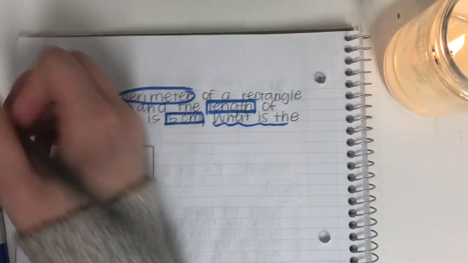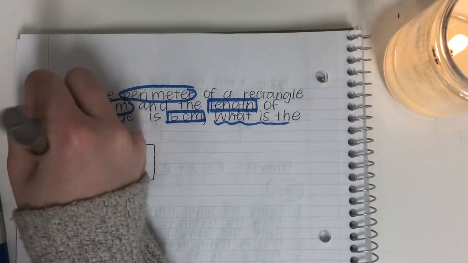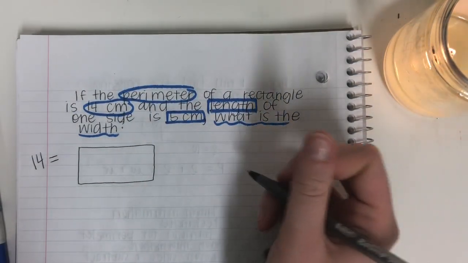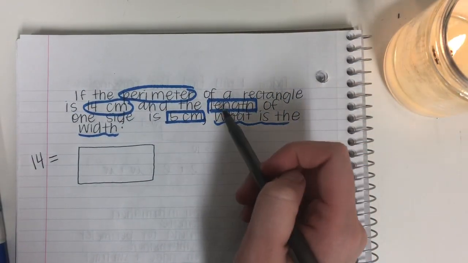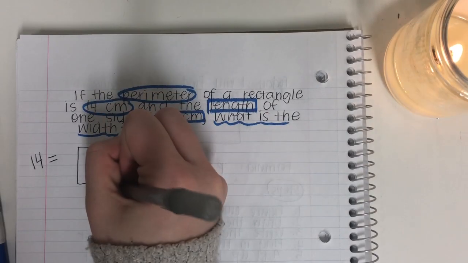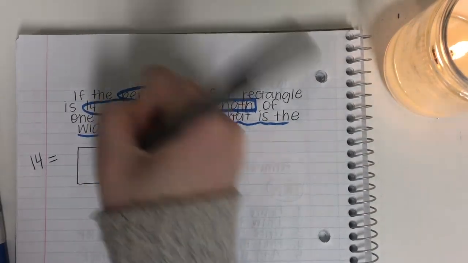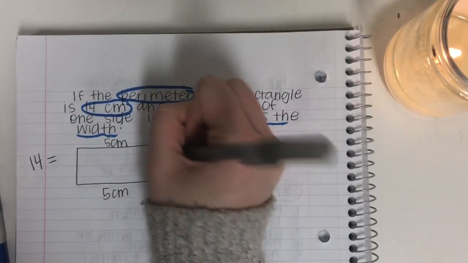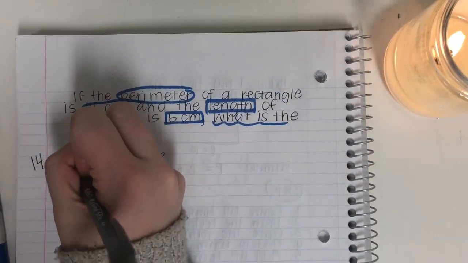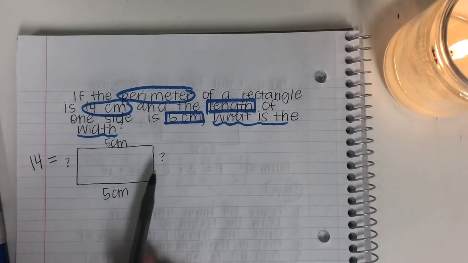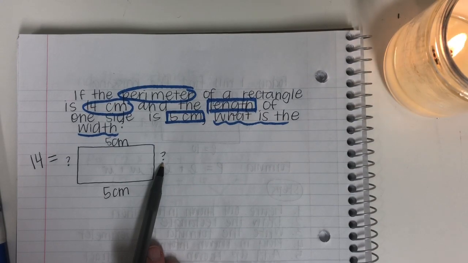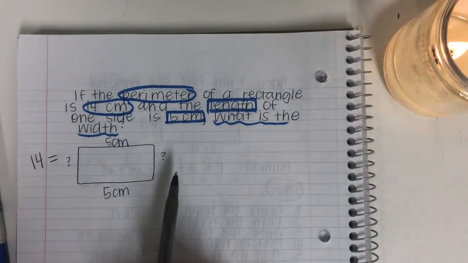My perimeter is 14 centimeters total, and one length is 5 centimeters, so we have 5 centimeters and 5 centimeters, and I do not know my width, but whatever one width is should all equal.